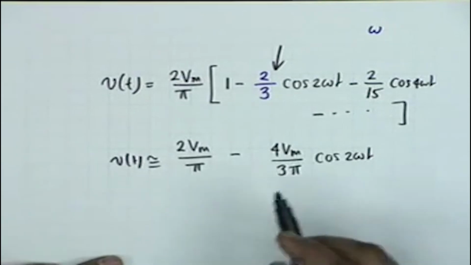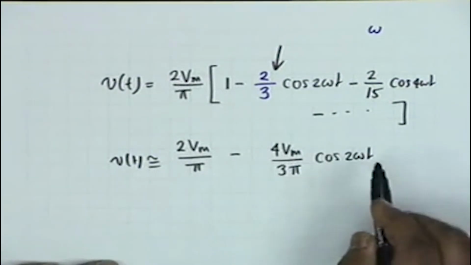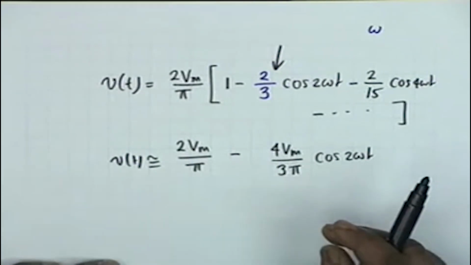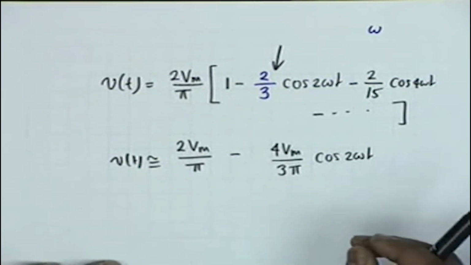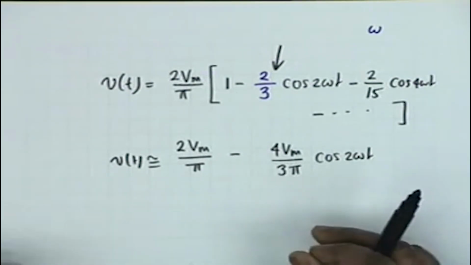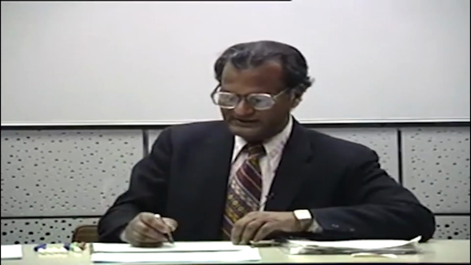Okay. So let us see how we can reduce this second harmonic by means of an LC filter. LC filter of the architecture L, inverted L. Okay. So what we wish to investigate is the following.